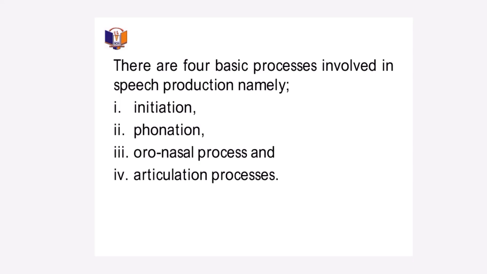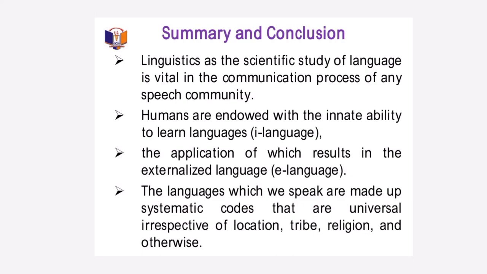And then the articulation, where the tongue touches either the hard palate, the alveolar ridge, the teeth, or the lips. These are the four basic processes involved in speech production. And so, without this, you have an idea of what is studied under linguistics as a course.